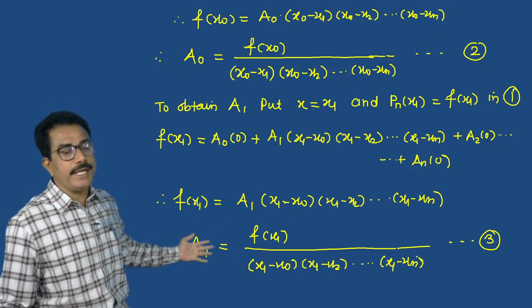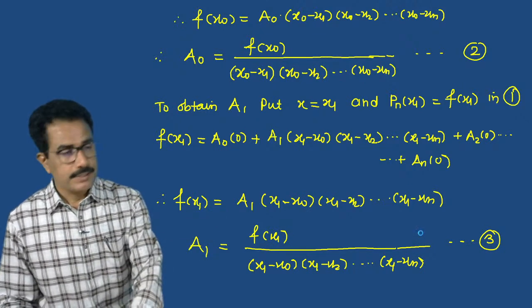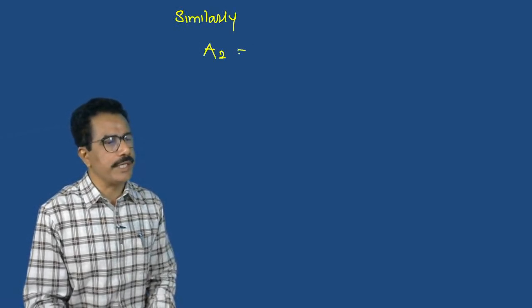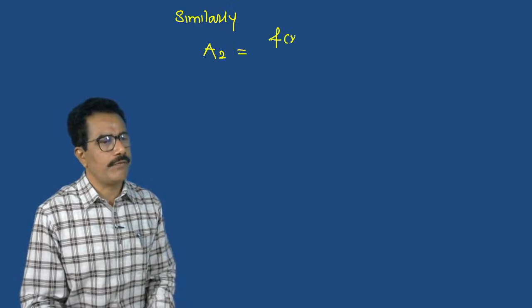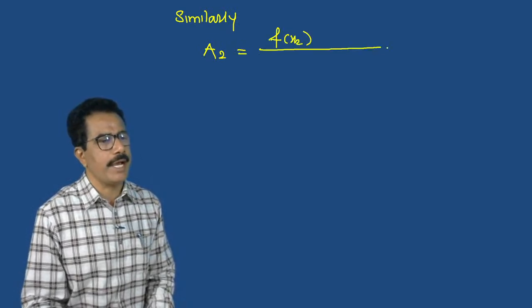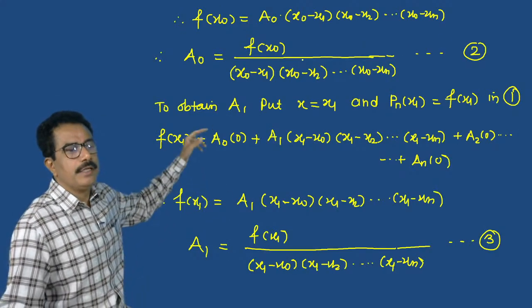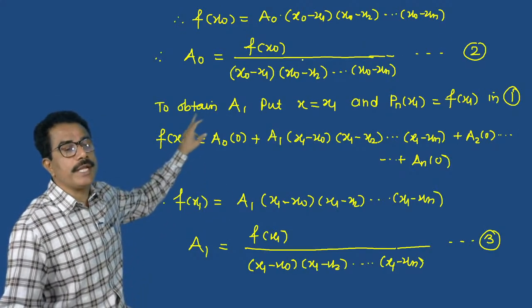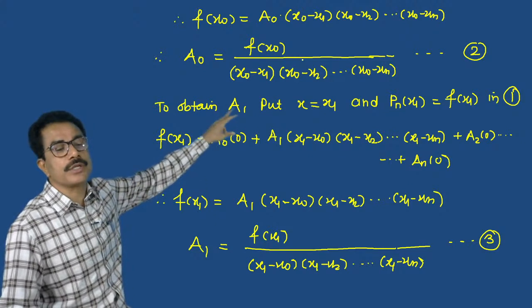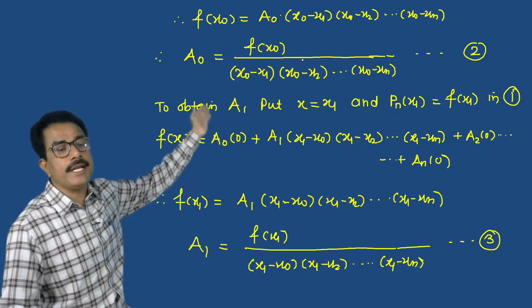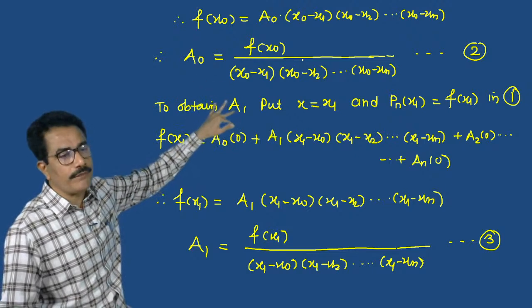Similarly, we can obtain a2. Similarly, we can find a2 is equals to f of x2 divided by, आता a2 काढायचे ना, a2 काढत असताना if we want to obtain a2, put x is equals to x2 and Pn of x2 is equals to f of x2.